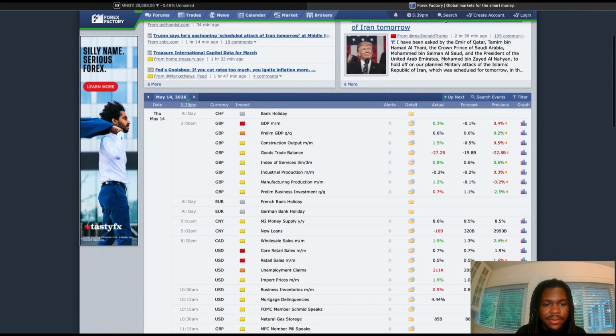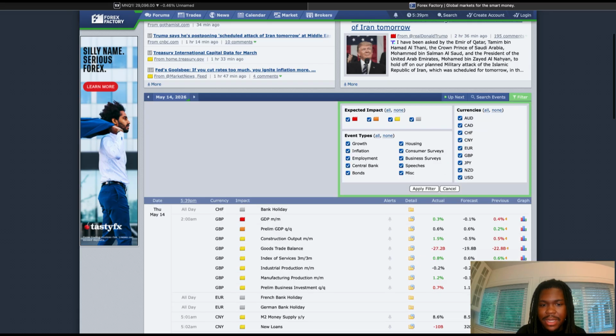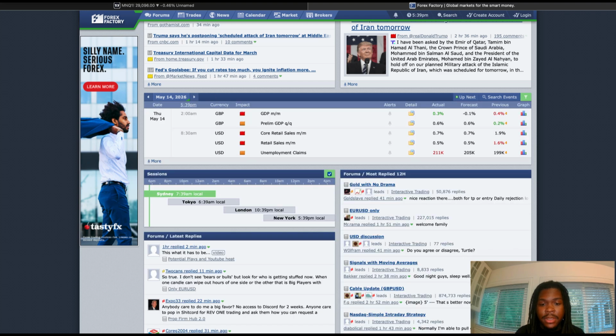Let me filter this out because you only want to worry about orange and red folder news, more importantly orange folder news, because it affects the market and how price moves drastically. As you can see, on May 14th at 8:30 a.m., which was last Thursday, we had red for the news.